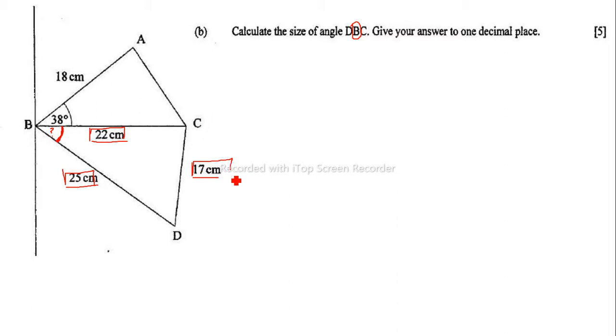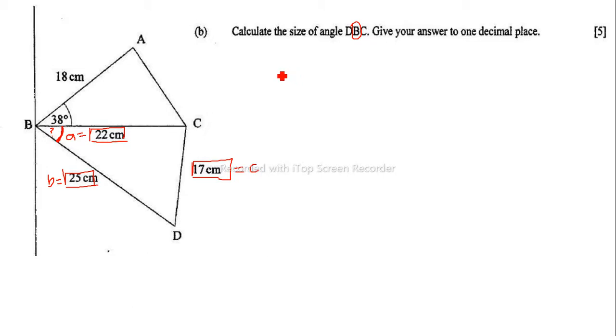The only missing thing that we have is this angle. It's up to us. We can label it however we want to. I'm gonna call this one A, this one B, and this one C.